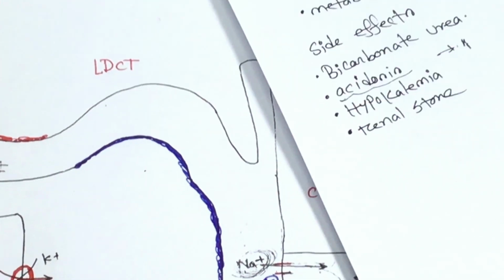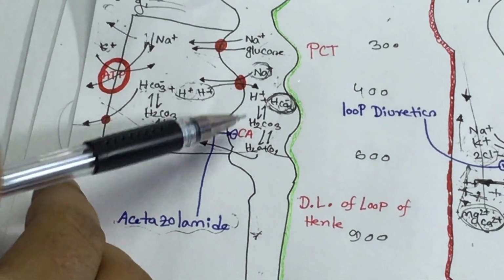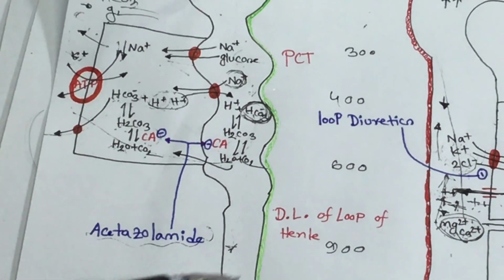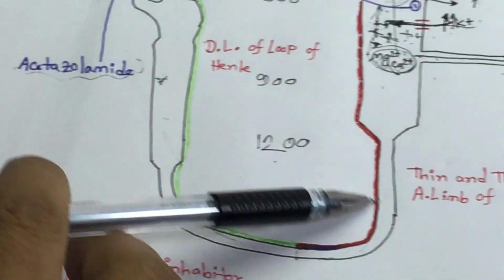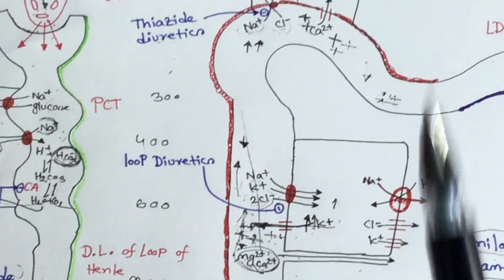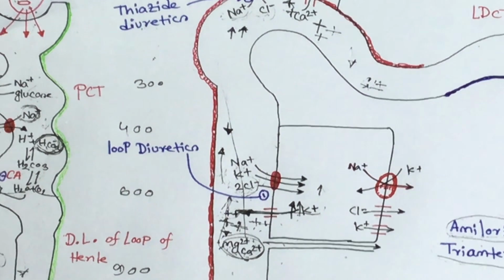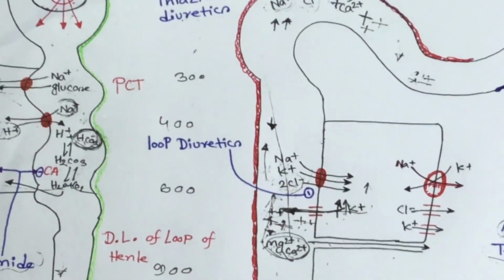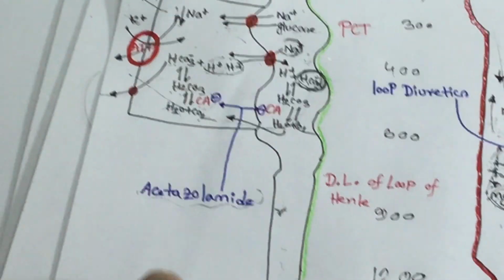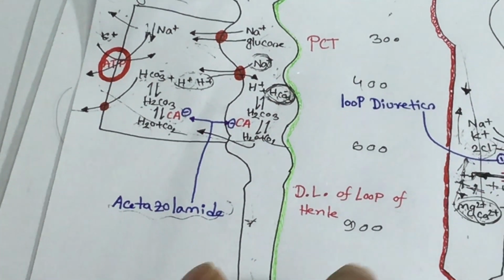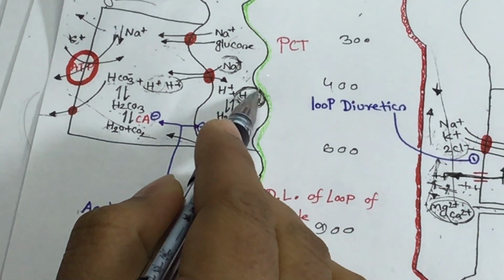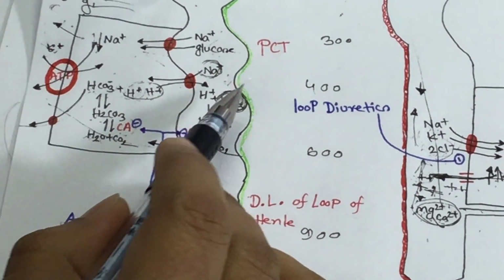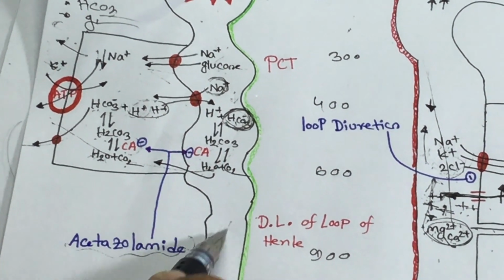And renal stone is very important, because by using this drug we are making our tubular fluid alkaline, and alkalinity will promote the calcium phosphate stone. And again, by using this drug we are making our tubular fluid alkaline, because we are leaving this bicarbonate in our tubular fluid.